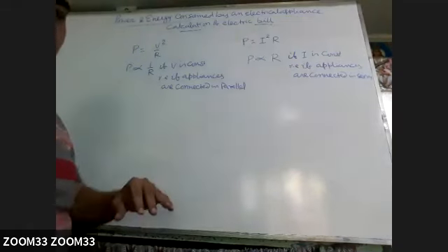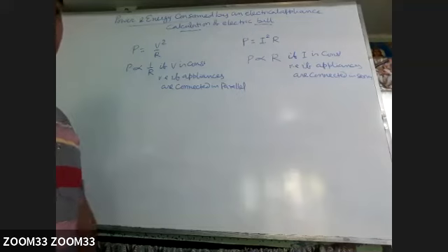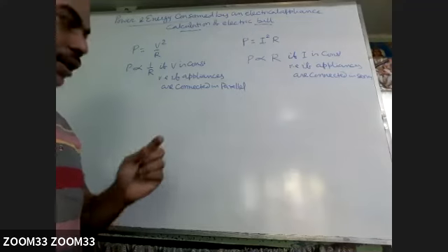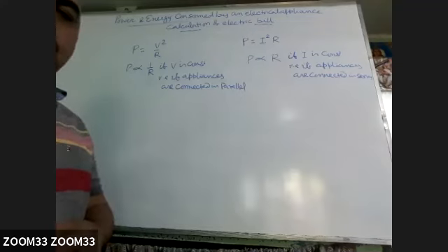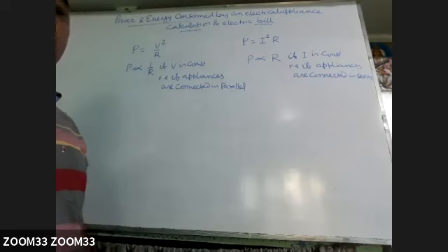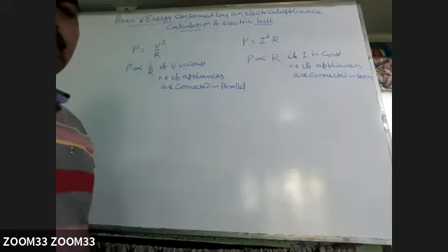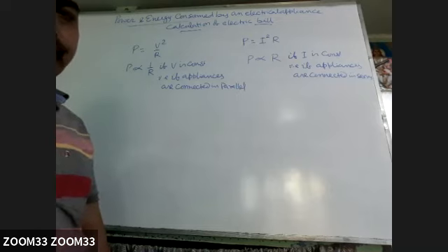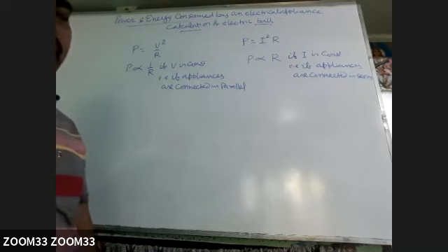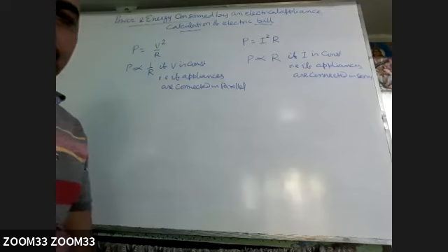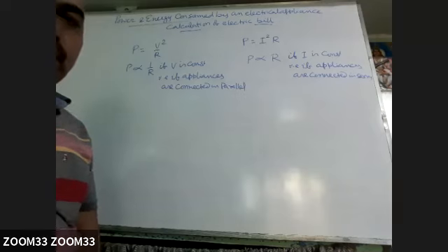Or indirectly, if we are taking an electrical heater of 2 kilowatt and an electric bulb of 100 watt, whose resistance will be more? Can you guess? Electrical heater of 2 kilowatt or a bulb of 100 watt, whose resistance will be more?